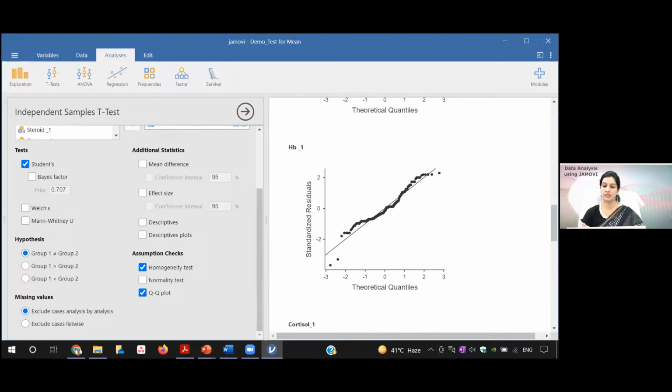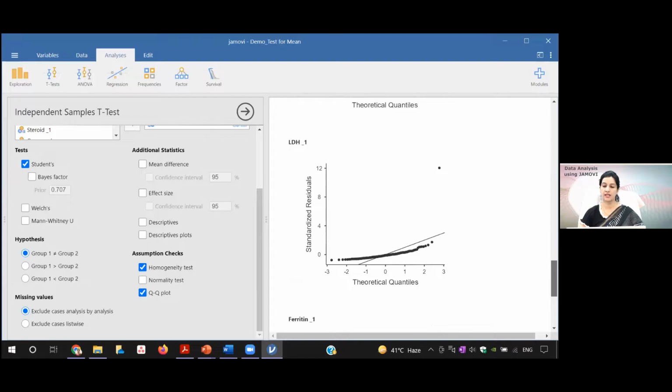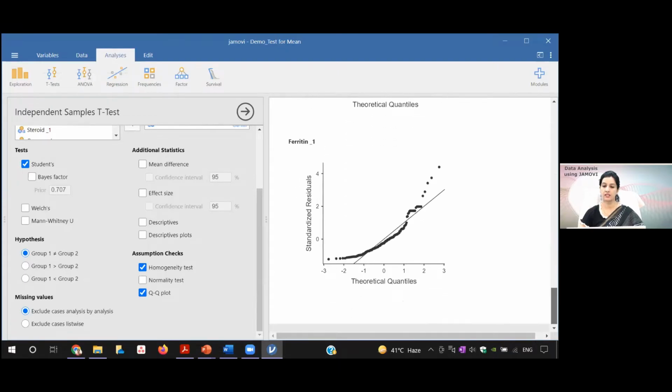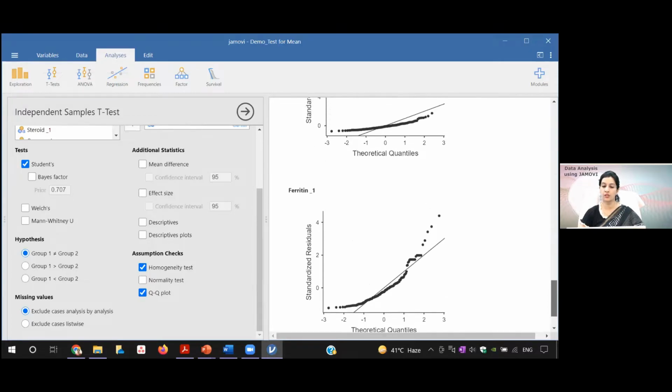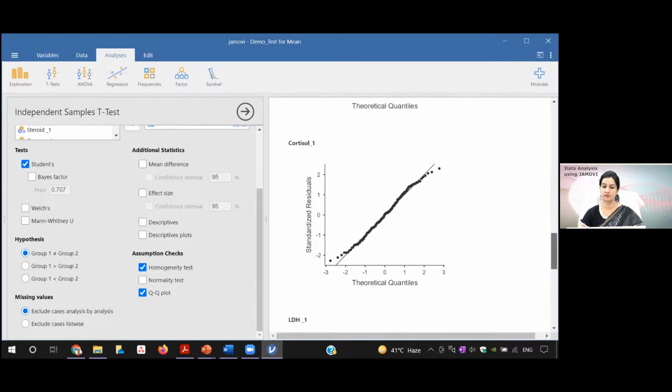You can see this HB1. You have to see, the assumption was if it is approximately normally distributed, you can apply t-test. This cortisol, this LDH, and this ferritin. So based on your observation of the QQ plot, which variable do you think is not normally distributed?